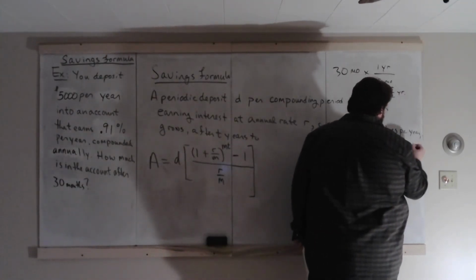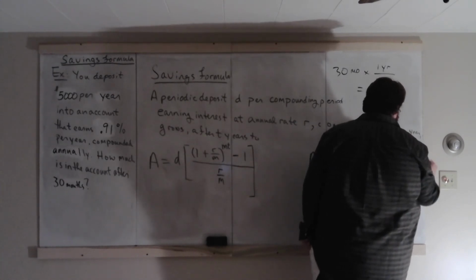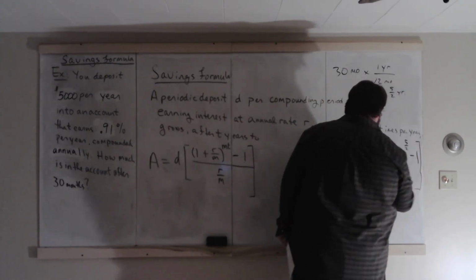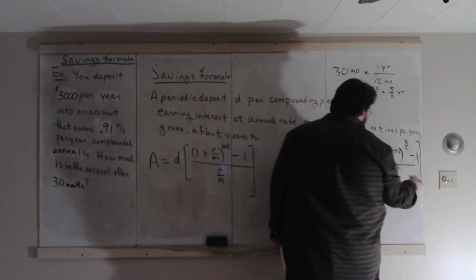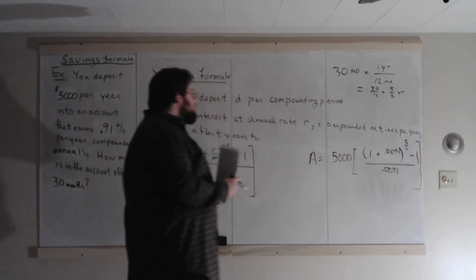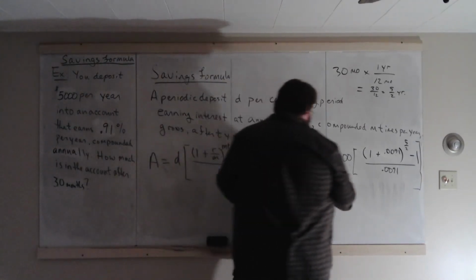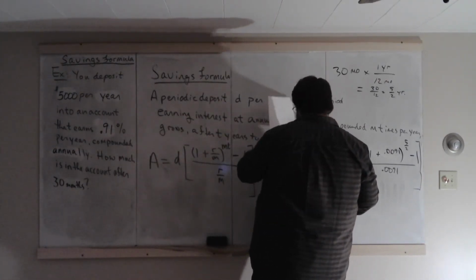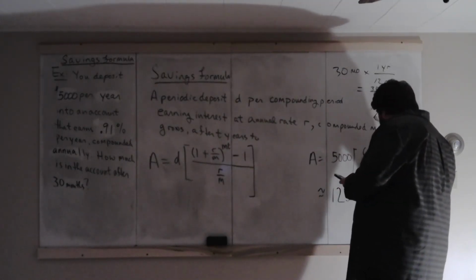So we have to the 1 times 5 halves minus 1 all over 0.0091. 0.0091, of course, M is 1. I won't write that. And this is approximately equal to what? $12,585 and 44 cents.